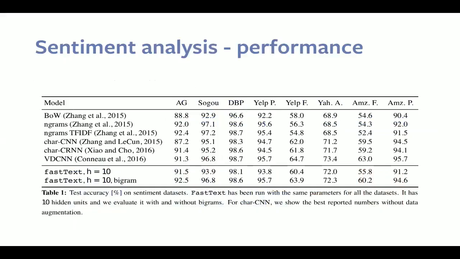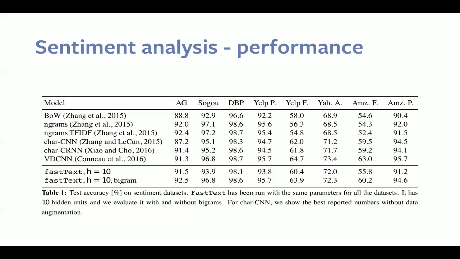So we evaluated this fastText implementation of the kind of cbow for classification on sentiment analysis, and compared to some of the state-of-the-art approaches, which are using deep convolutional neural nets on a character level. Yeah, they are all on character level actually.